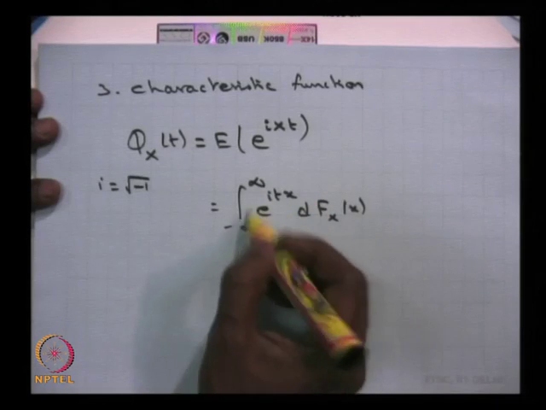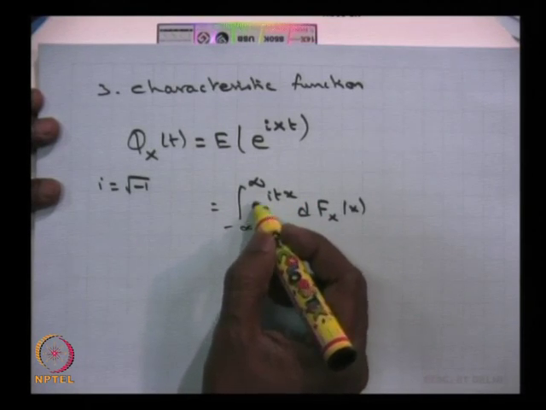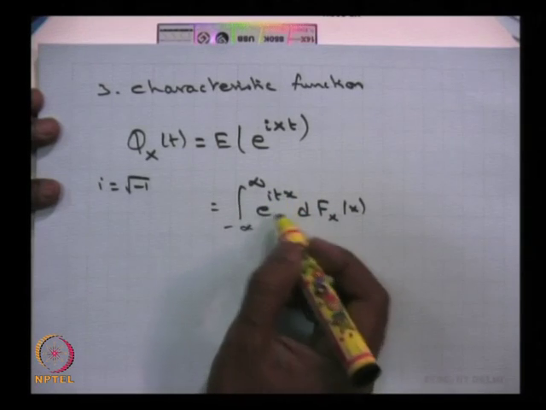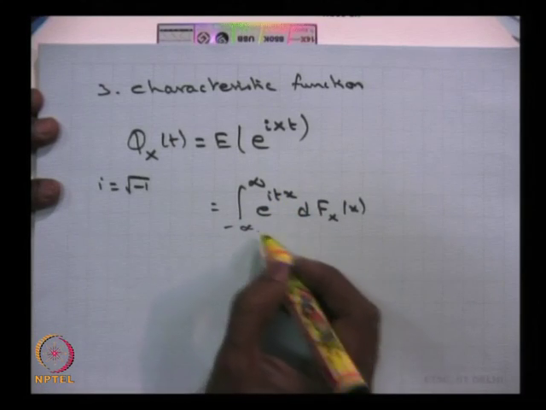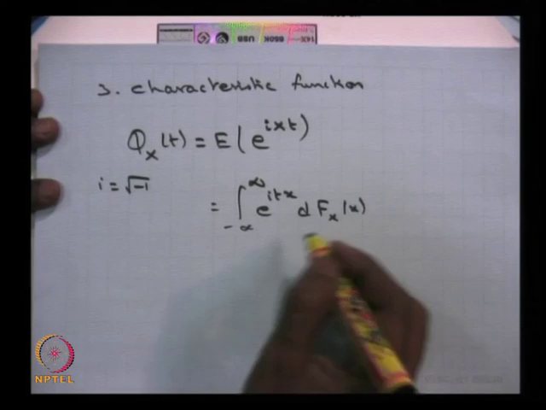If you take the absolute value, using the usual properties of complex functions, it is always less than or equal to 1. Therefore, this integration exists, and it is nothing but the Riemann-Stieltjes integration.